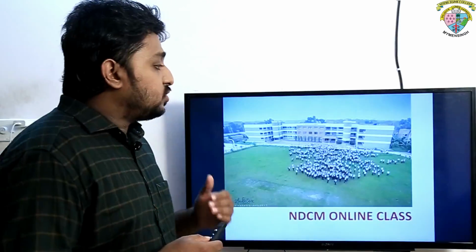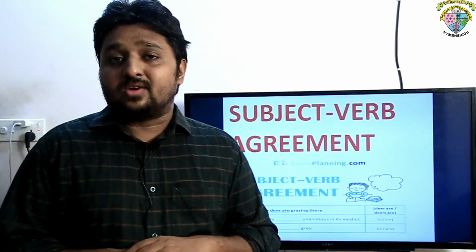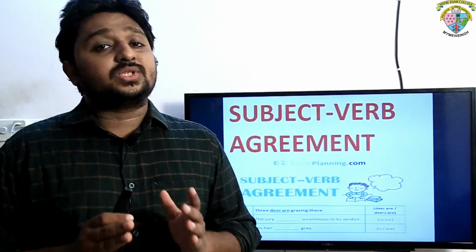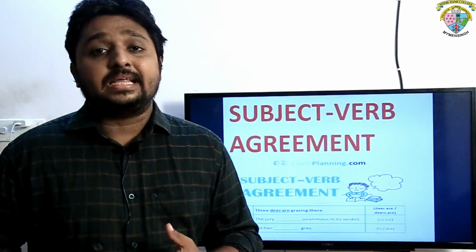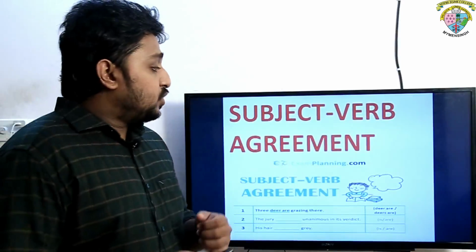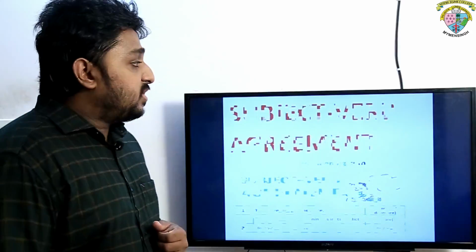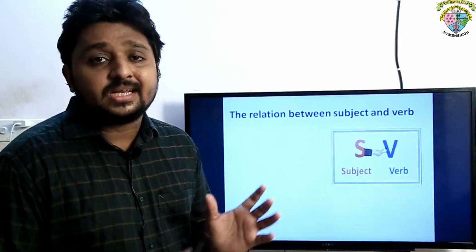Today I would like to talk to you about an important topic, and that is subject-verb agreement. Do you know that without having a proper idea about subject-verb agreement, it's really tough to enrich your knowledge in English grammatical items? So at first we have to know what subject-verb agreement is. Subject-verb agreement means the relation between subject and verb.